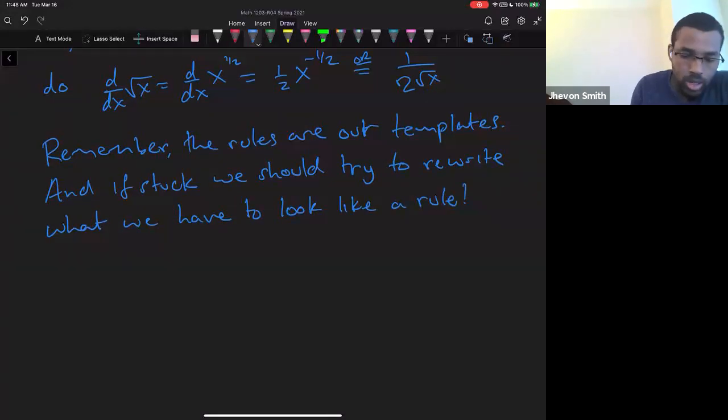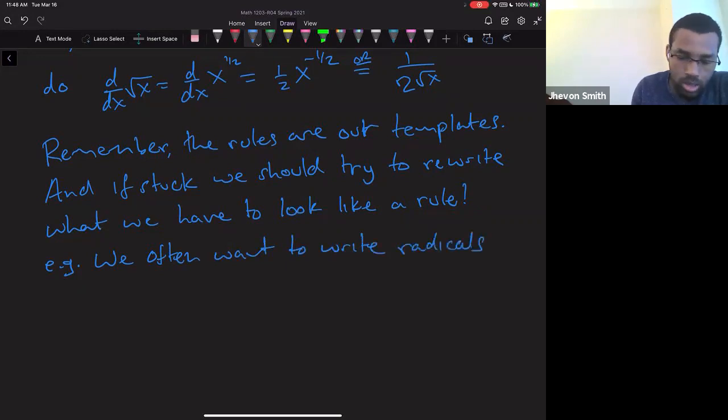So often, for example, we want to write radicals as powers to be able to use the power rule.